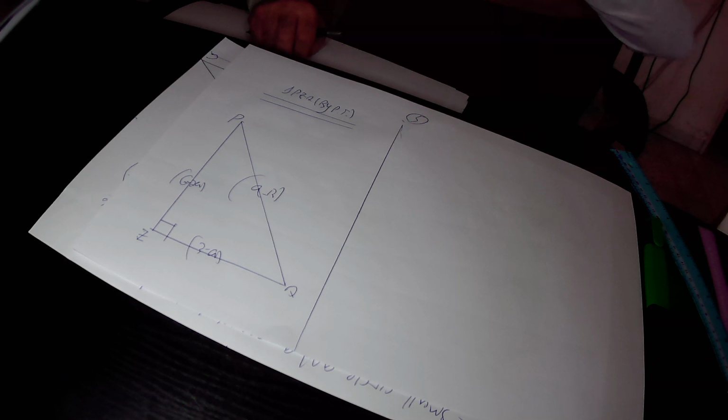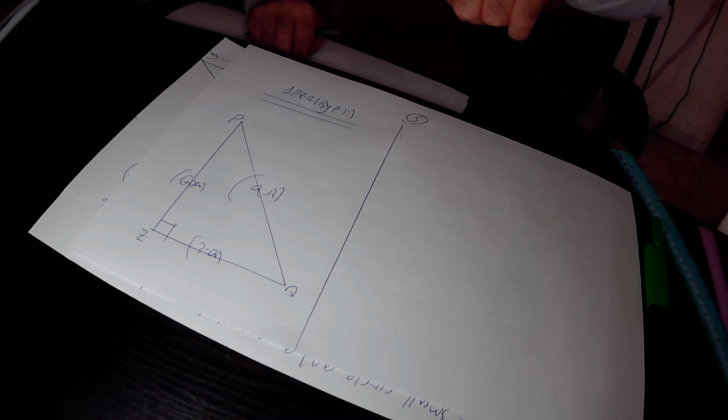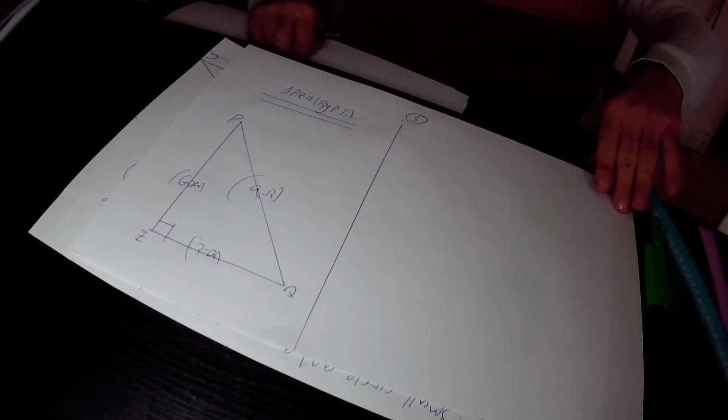So this is the green right triangle PZQ that I copied from the original drawing. According to the Pythagoras theorem, in this right triangle PZQ, PQ square equals PZ square plus ZQ square. So I write it down.